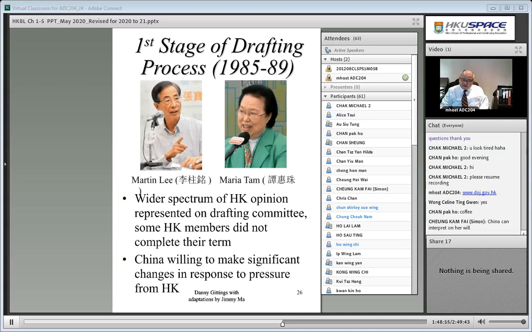China at that time expressed the willingness to make significant changes in response to pressure from Hong Kong.